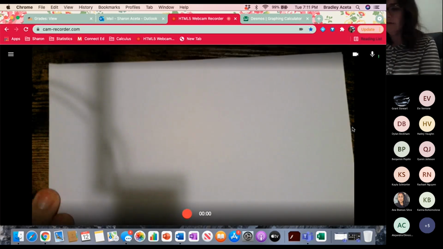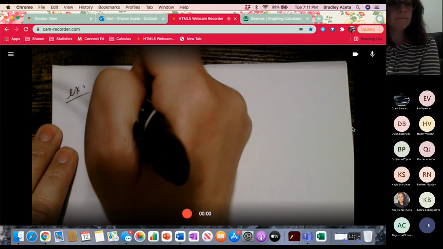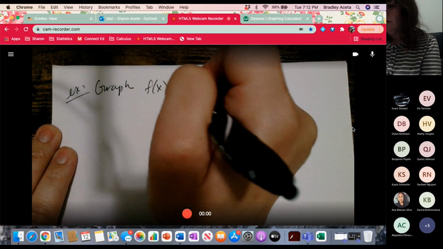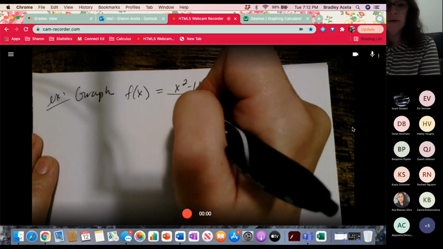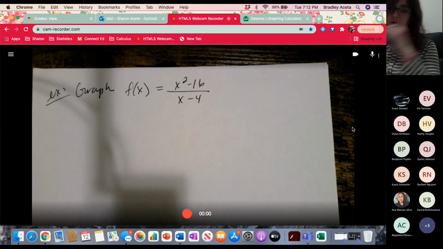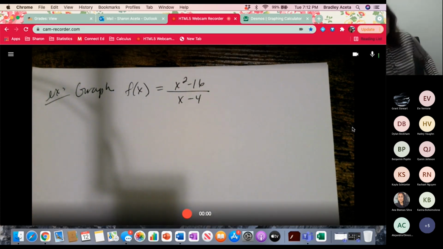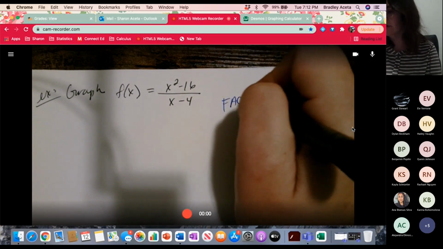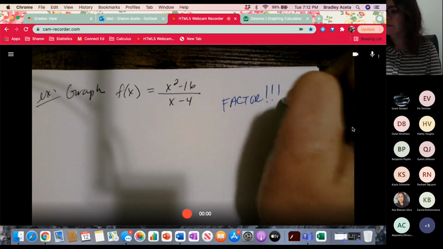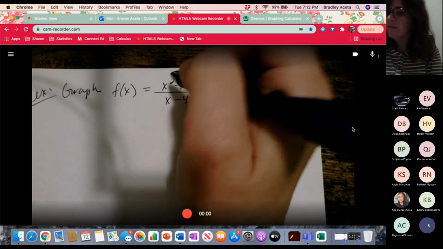We are going to graph f of x equals x squared minus 16 over x minus 4. Oh, there it is again. Factor. Please. All right, so let's see.